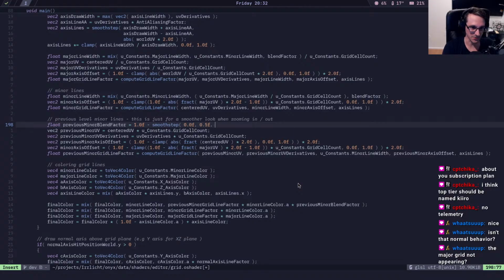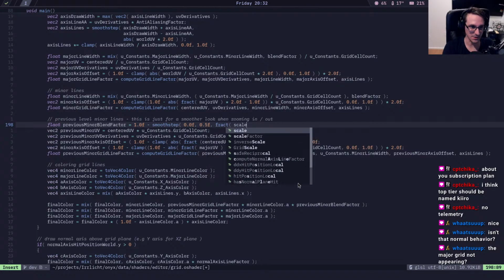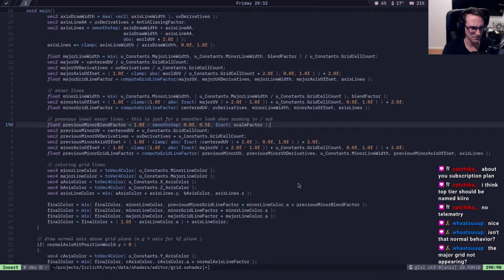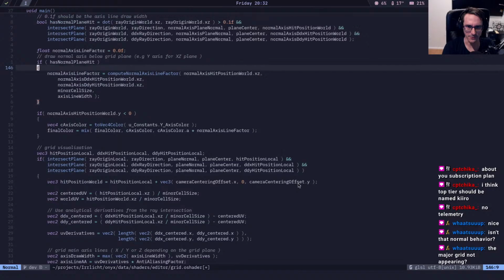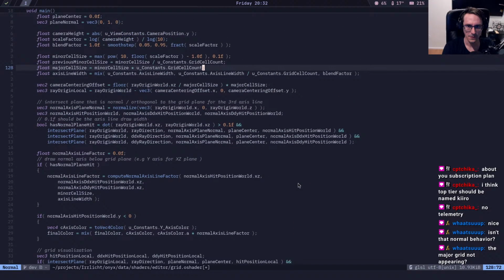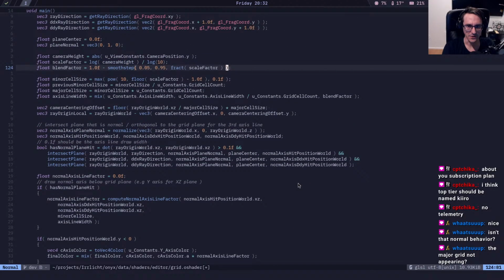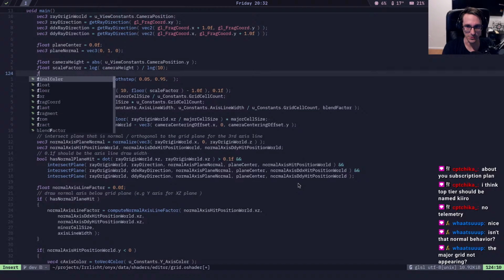That might be too much. And we do the fraction again of the scale factor, I think. At least it's the same that we use for the blend factor. Yeah, I guess we could store that so we don't do it 2 times.